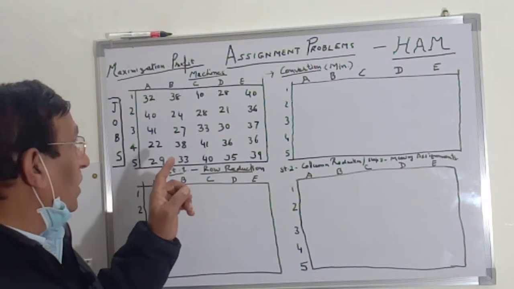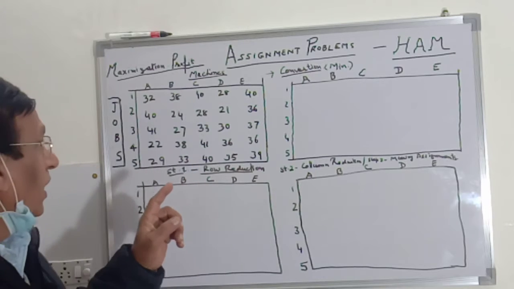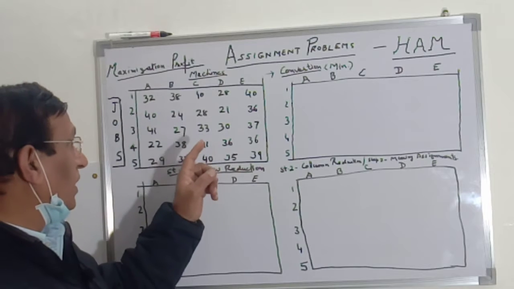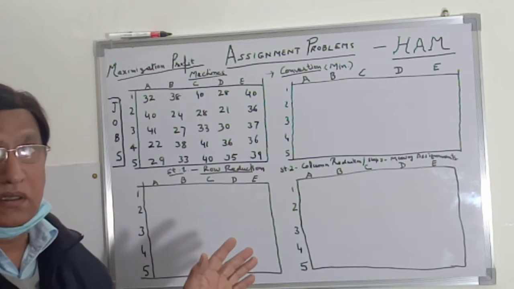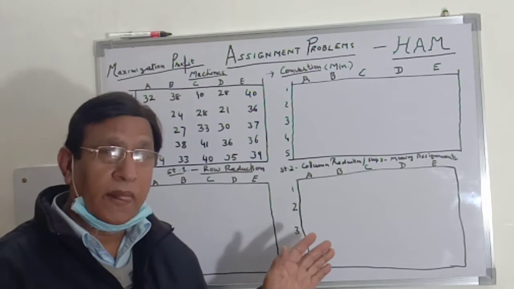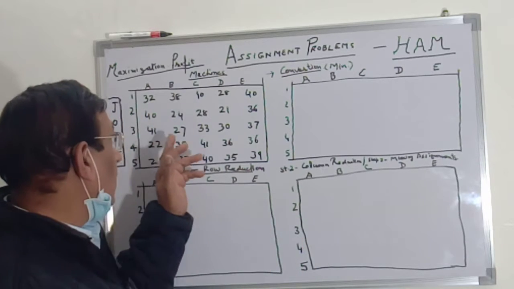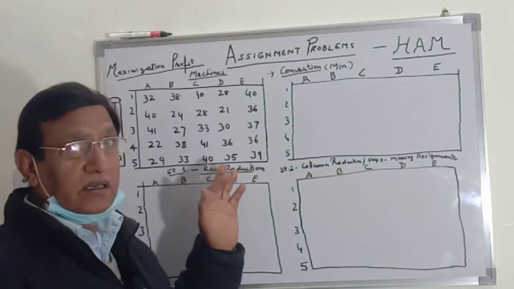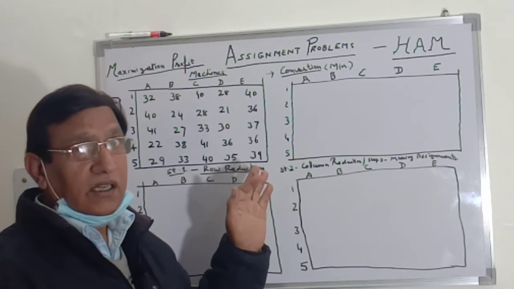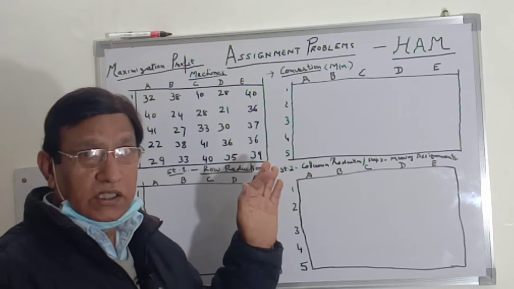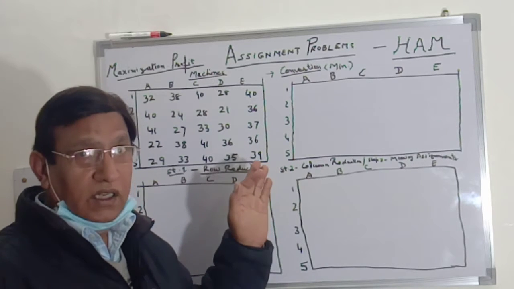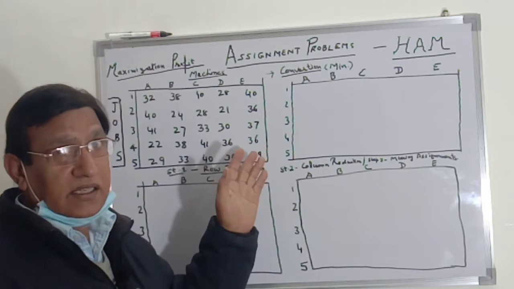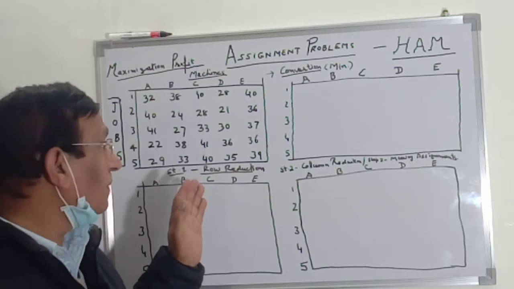There is only one technique: subtract all the elements of the given matrix from the highest element, and you will get the optimization method of solving the assignment problem in the same way as in the case of minimization.